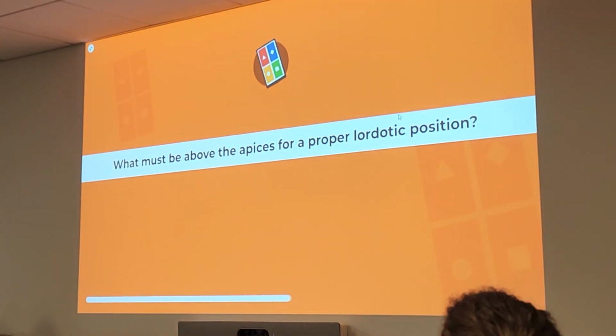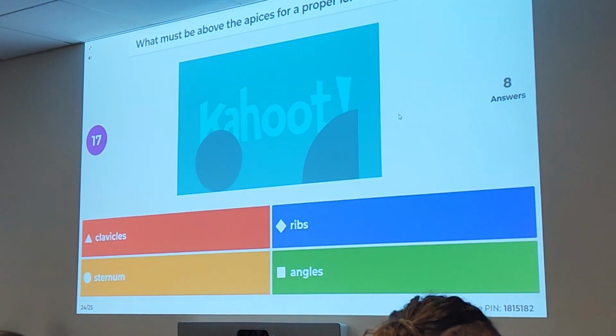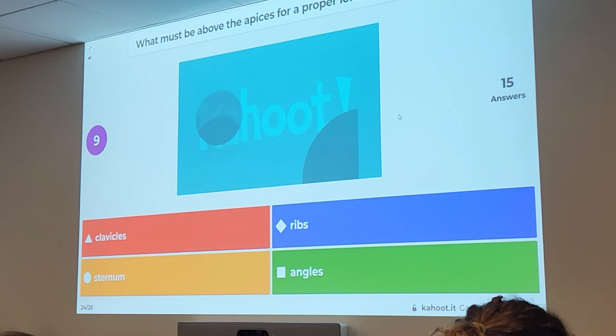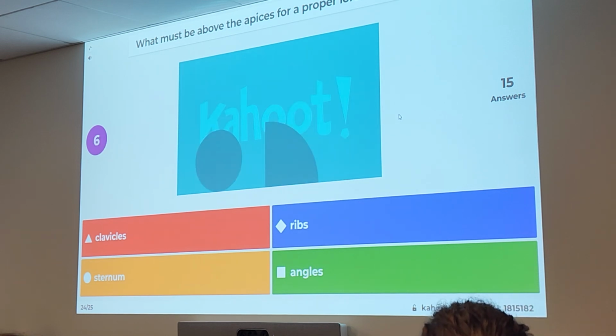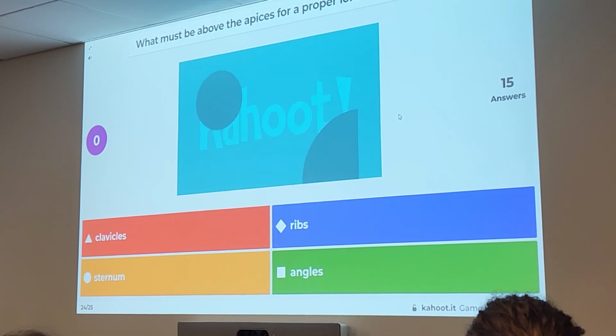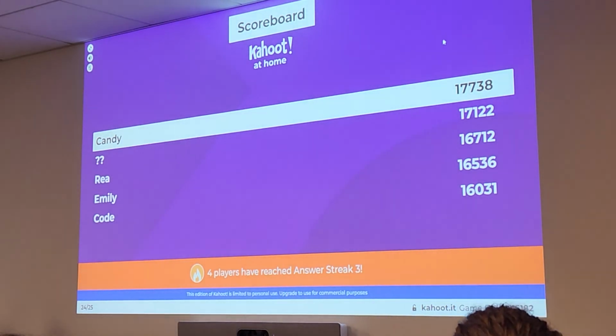What must be above the apices for a proper lordotic position? The clavicles. Alright, the last one.